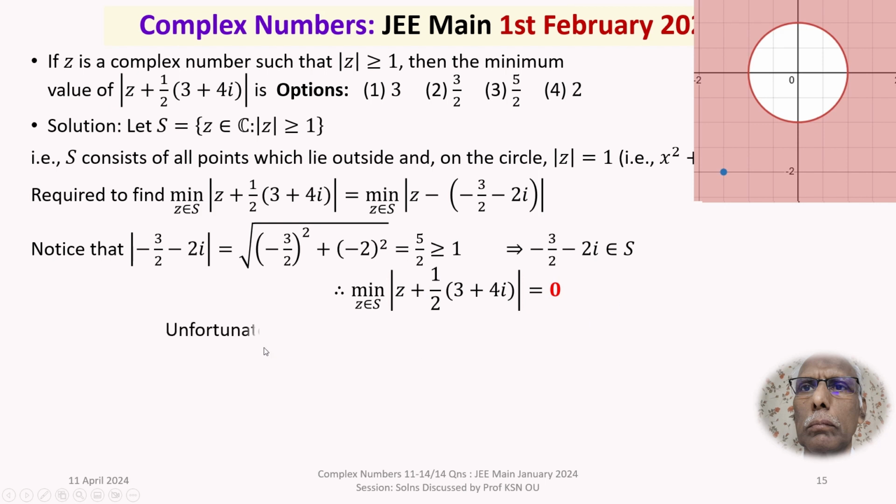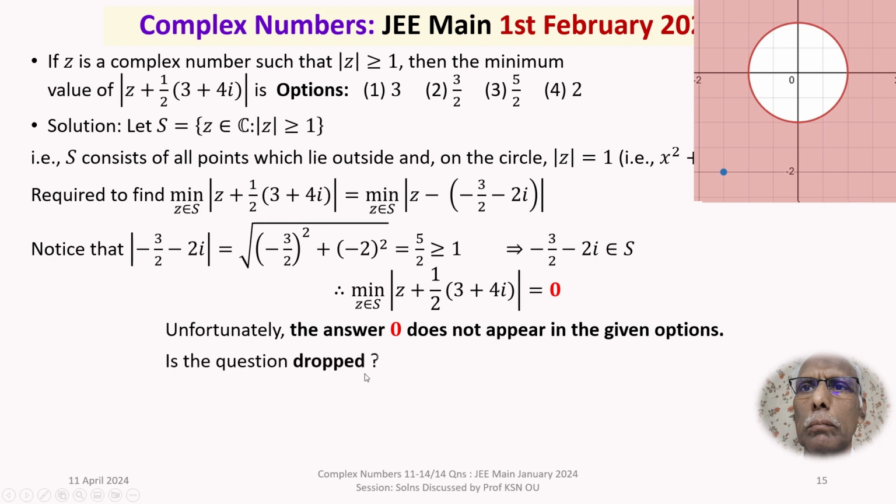So now, unfortunately, our answer 0 does not appear in the given options. So is the question dropped? I think so. Suppose I wanted to save this question, thinking that there is a printing problem.